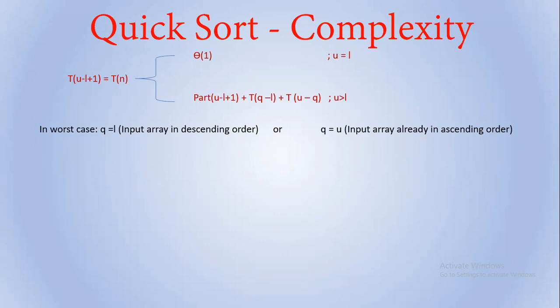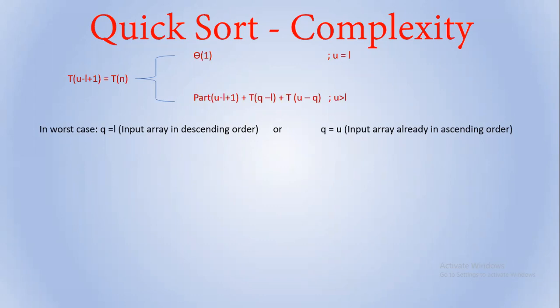In an array ordered in descending order, all the left side elements will be larger than the rightmost element.